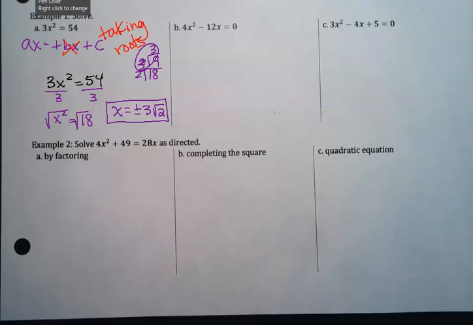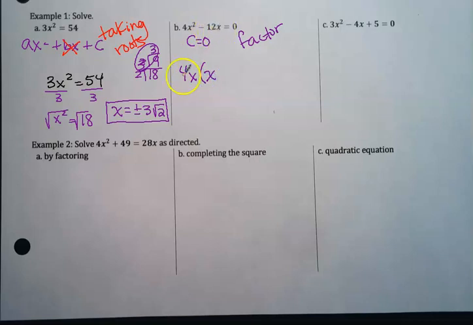Okay, let's look at B. We have 4x squared minus 12x equals 0. Since our c equals 0, that's a pretty nice one, we can just factor this one. What do 4x squared and 12x have in common? They have a 4x. 4x squared divided by 4x leaves us with x.